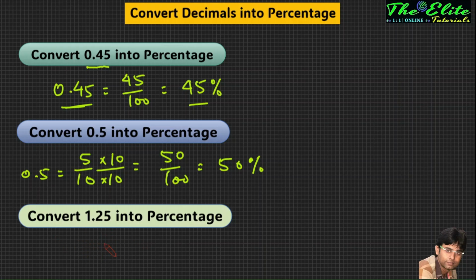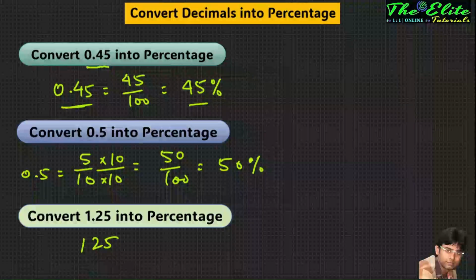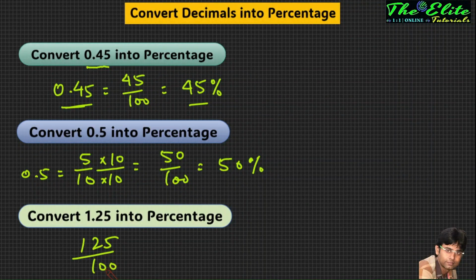Now this, if you have to convert, you know that 1.25 can be written as 125 upon 100. That is how we write this kind of decimal into a fraction like this, isn't it? So we can see here that it is nothing but the number that is there in the numerator will be written down and a sign will be followed, which is a percentage sign.